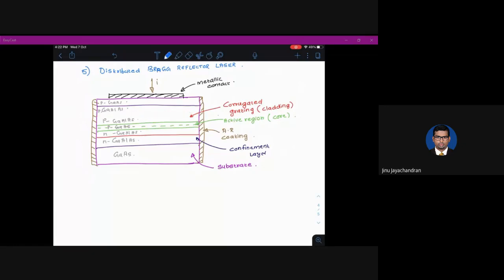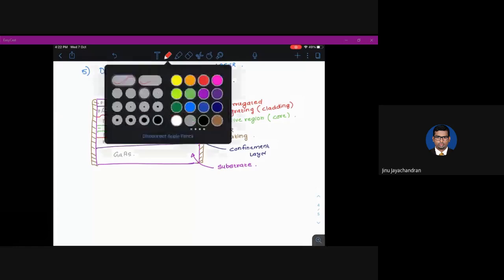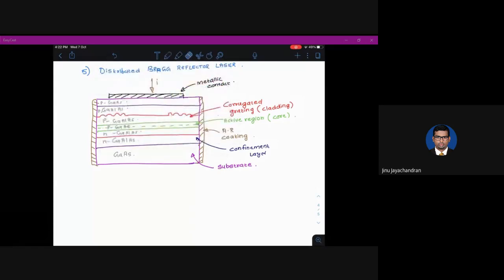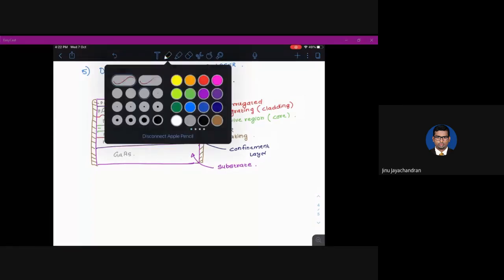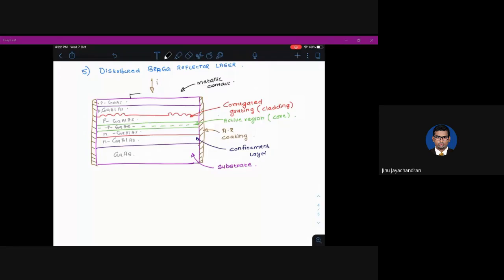It will be something like this. And the metallic contact will also have a small change. The metallic contact will be there only where the corrugation grating is having a constant value. All else is the same.